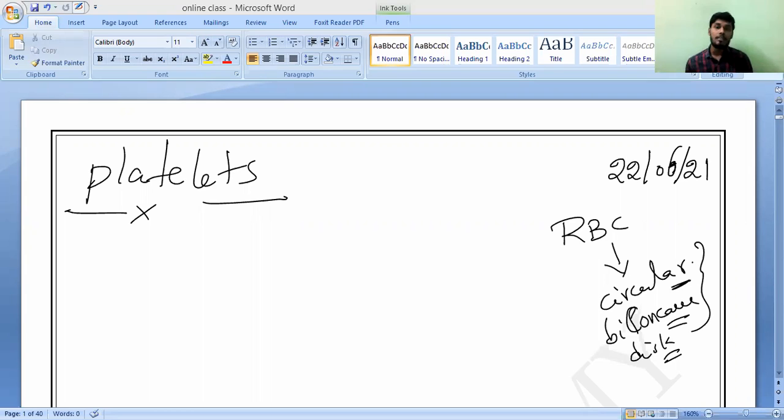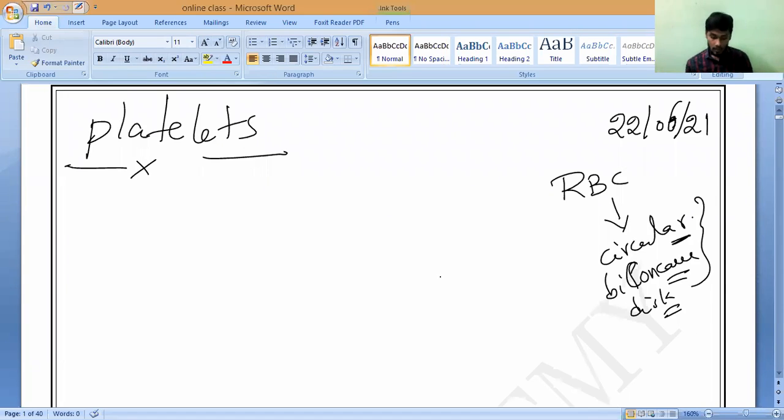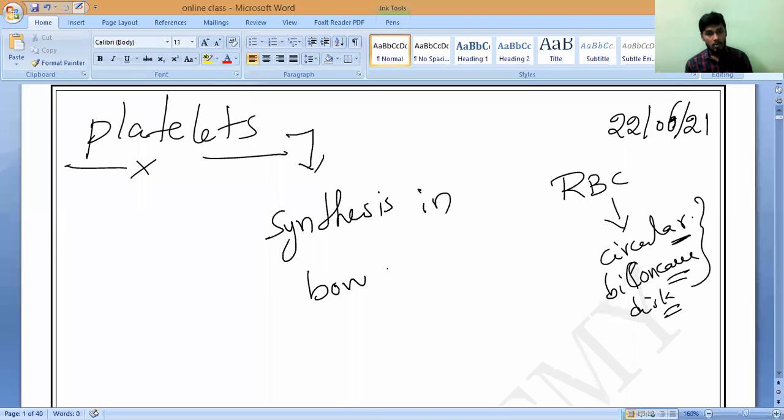The platelets do not have nuclei, like RBC. Where have they been synthesized? In the bone marrow. Do you understand, all of you? Bone marrow. And they also do not have what?